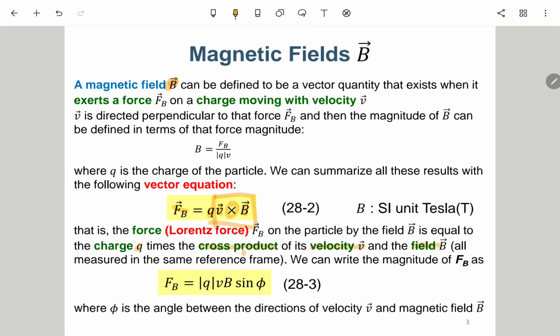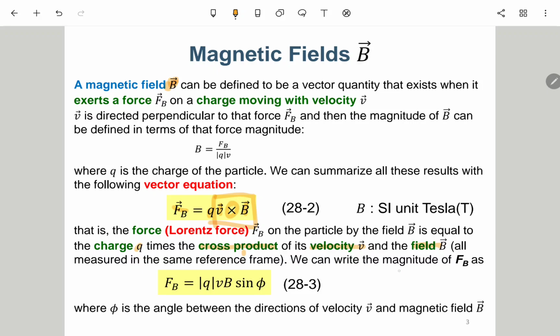The cross product is an operation similar to the dot product, but a little bit different. For the dot product, you have two vectors acting so that it becomes a scalar. But for the cross product, you have two vectors and the outcome becomes another vector.